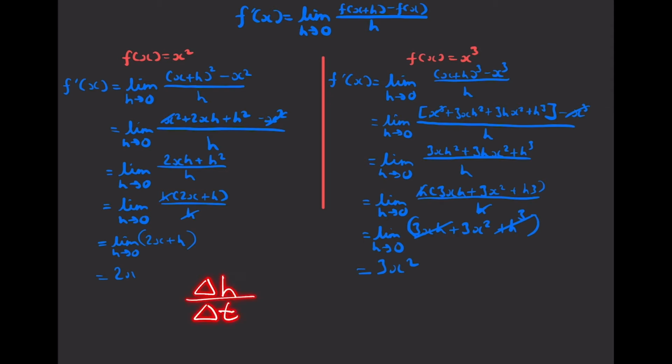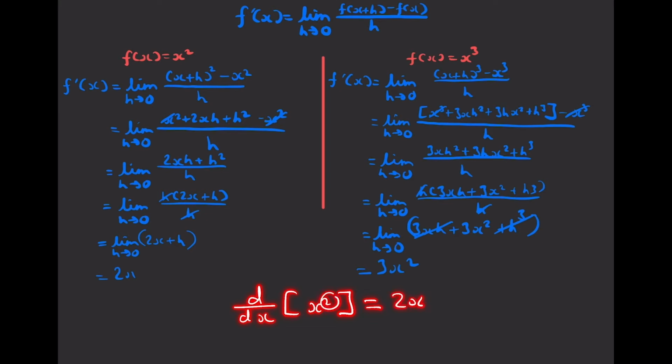This is similar to writing d on dt of h, or dh on dt. So the change, or d over dx of x squared, will be equal to 2x.